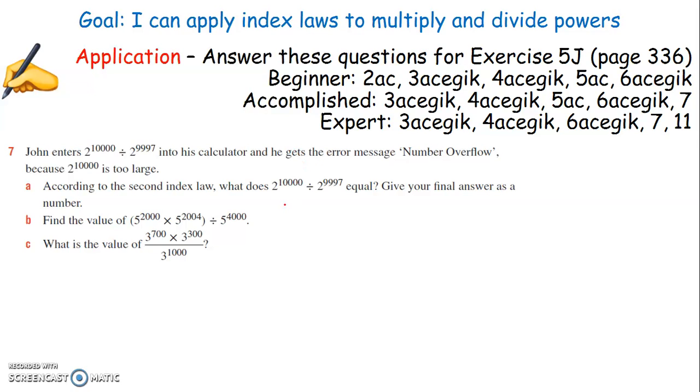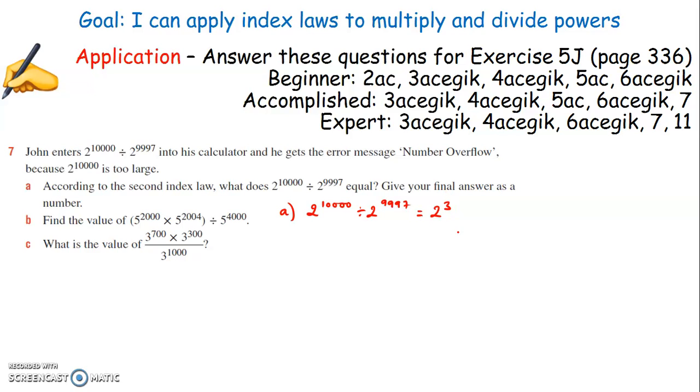So using the second index law, or the index law for division, what we know is that if we have a division of powers and we've got the same base, we would keep the base and we would subtract the power. So here we have 10,000 minus 9,997, and that's going to give us an answer of 2 to the power of 3.